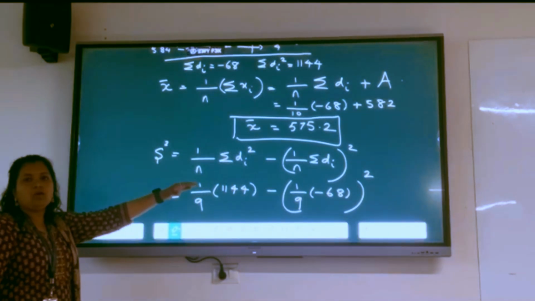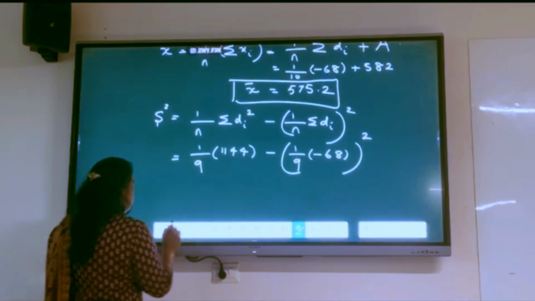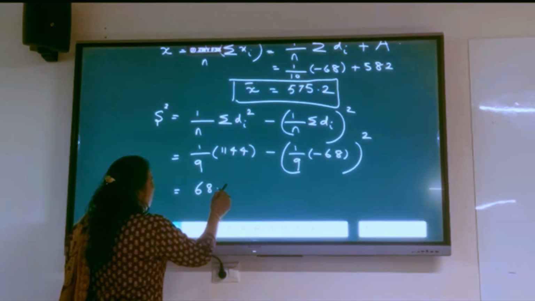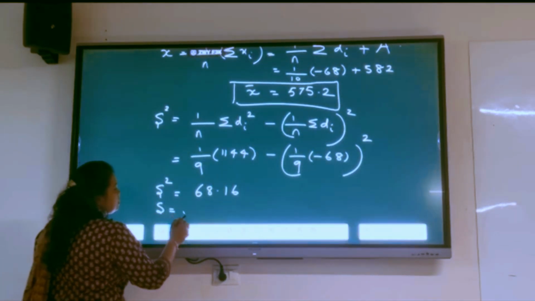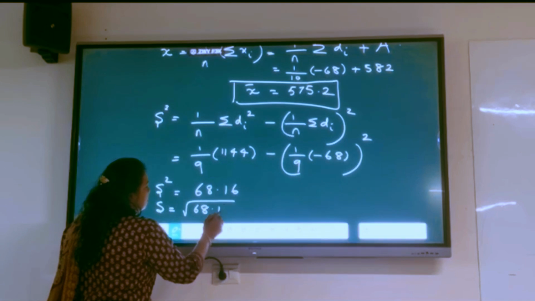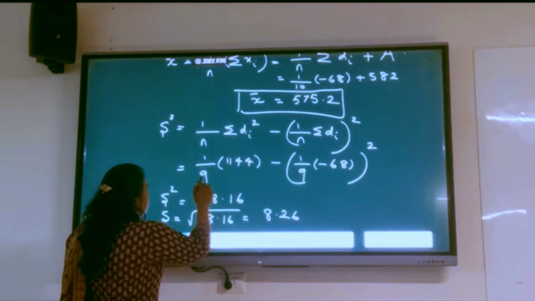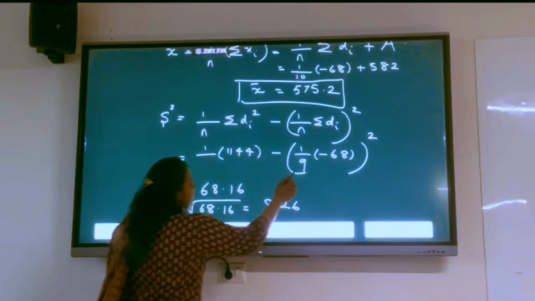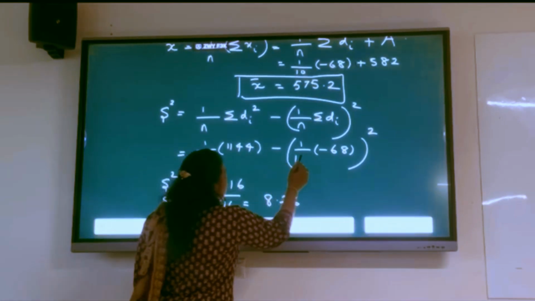Use your calculator and you get 68.16. This is s square, so s is the square root of this, which is 8.26. Note the correction here: the n value is 10.